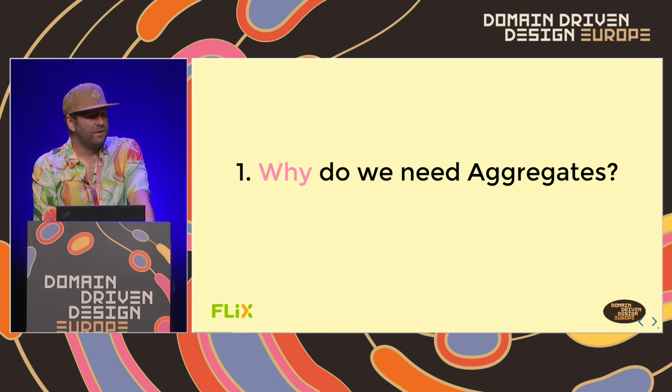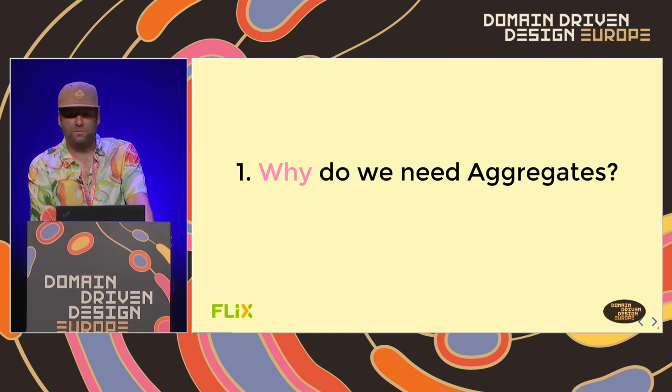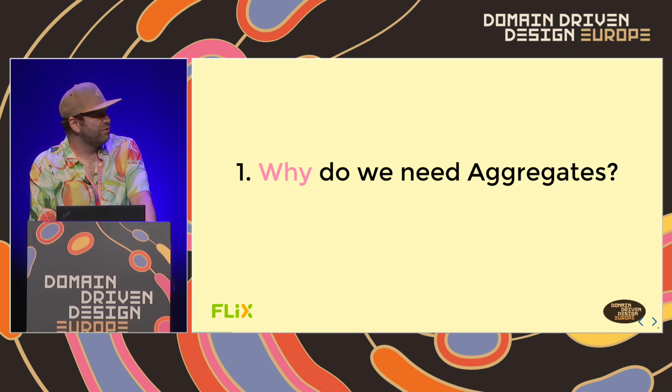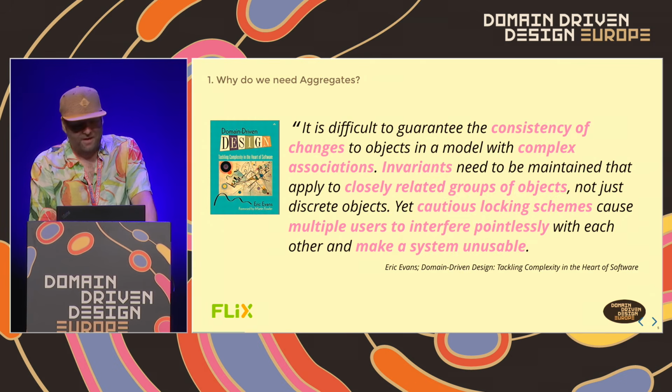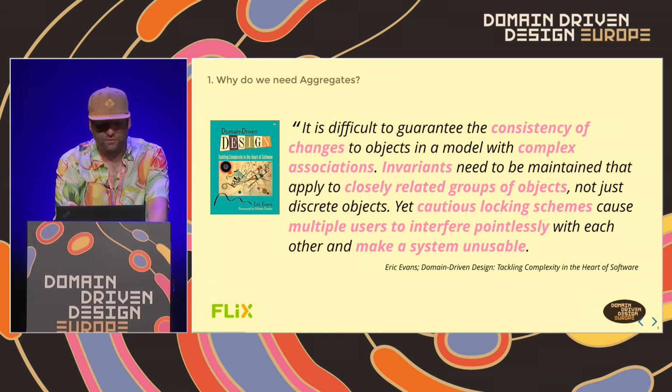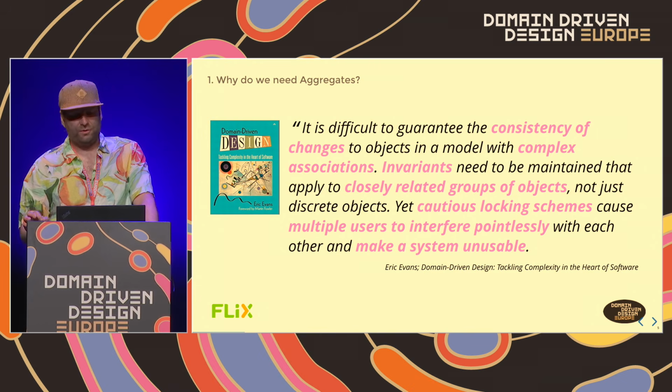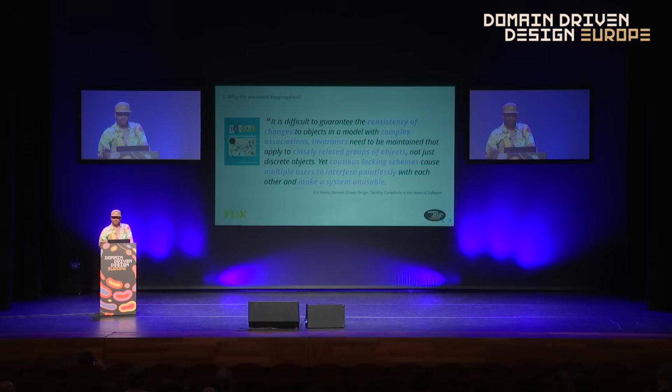Okay, so why do we need aggregates? And of course, I'll start with a quote by Eric Evans from the Blue Book, as every experienced domain-driven designer would do. And it's quite a bit of text, so I'm going to read it for you as well. It is difficult to guarantee the consistency of changes to objects in a model with complex associations.